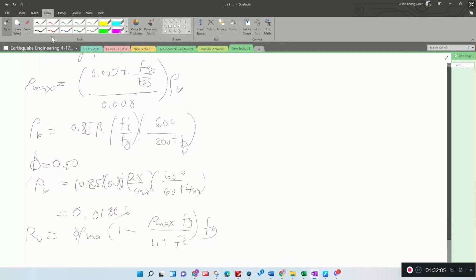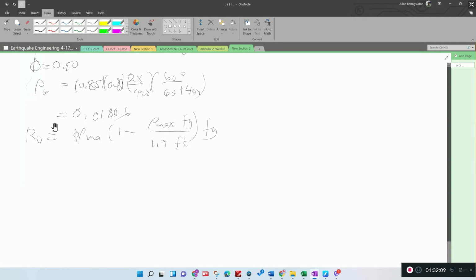So, another method to do the same problem. Same problem. So, when you do all that, I will not process this anymore. Then, when you do that, your Rn max will be 5.74 megapascals.